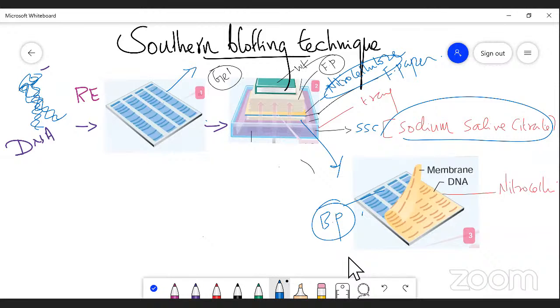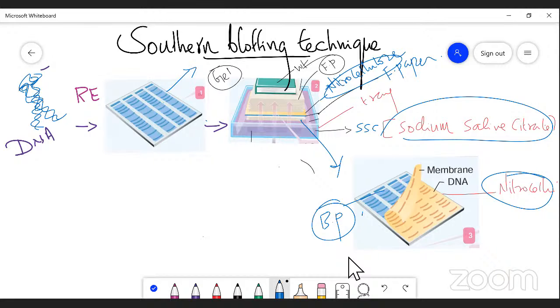The fragments of DNA that we have taken in the tissue paper are copied onto the upper surface of the nitrocellulose membrane, which is yellow in color. On seeing the diagram, you can understand, my dear students. So the fragments of DNA are copied or fixed on the surface of the nitrocellulose membrane, which you see in this picture, right?